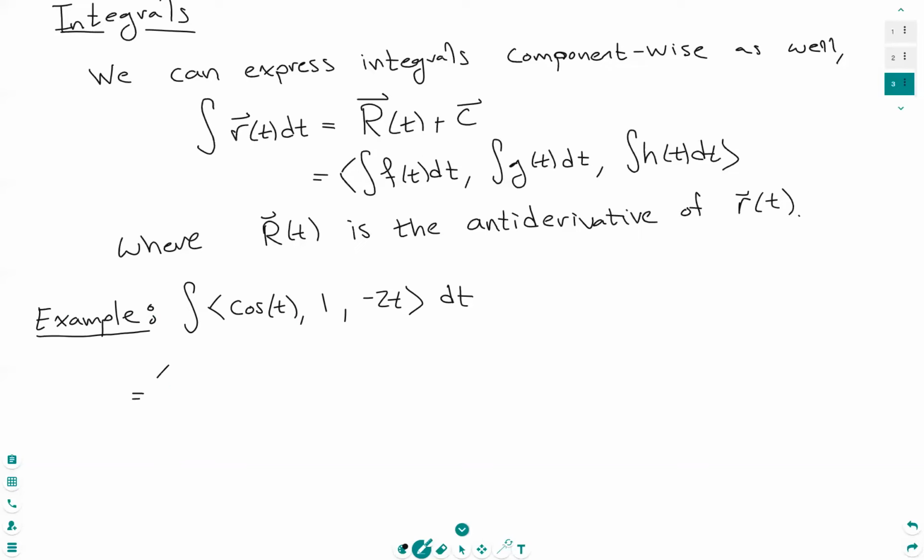Well, this is the integral of cosine of t dt, then the integral of 1 dt, and then the integral of negative 2t dt.